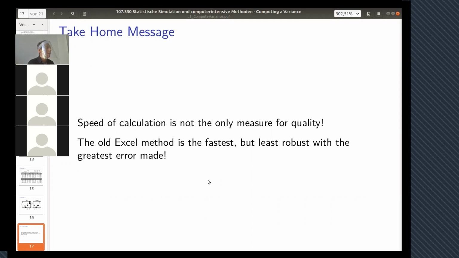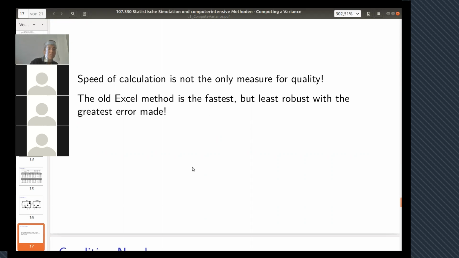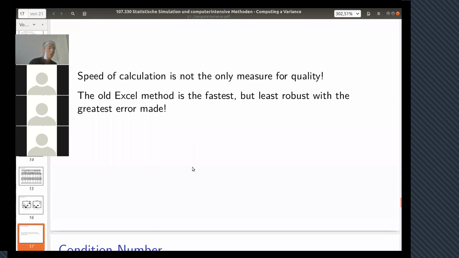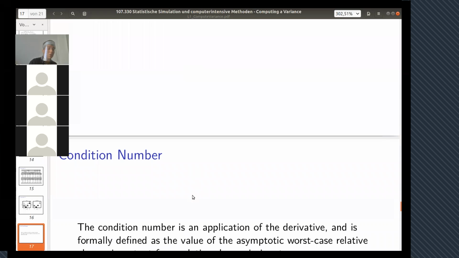This is validation of algorithms, typically in that kind of field. So even though one algorithm is always the fastest one, it's the one which is least robust against big numbers and big changes.